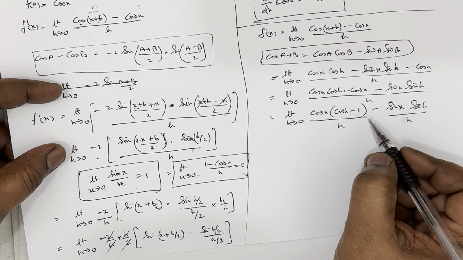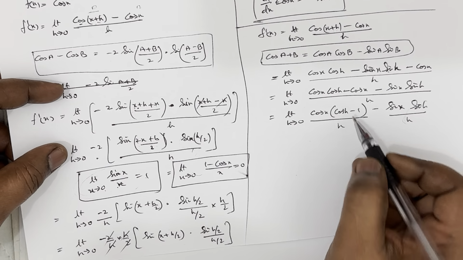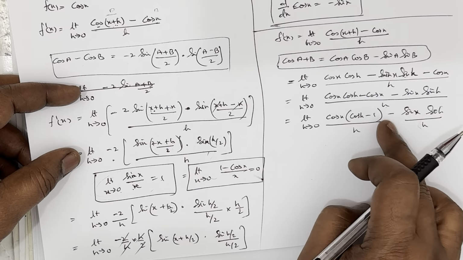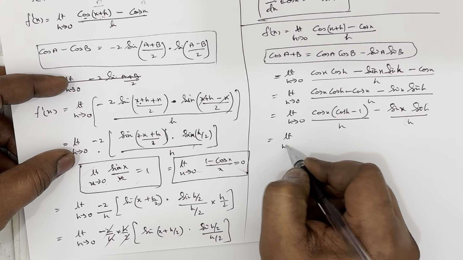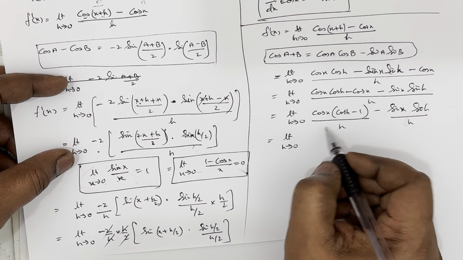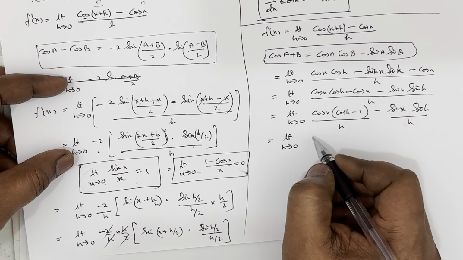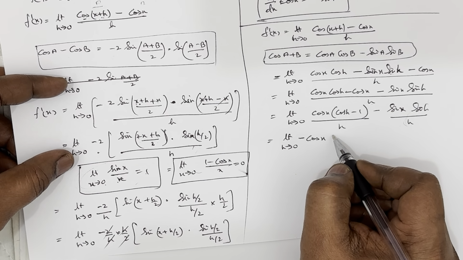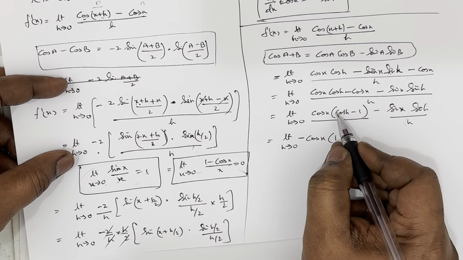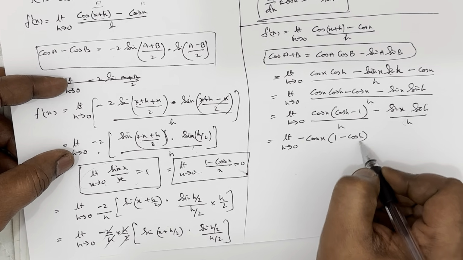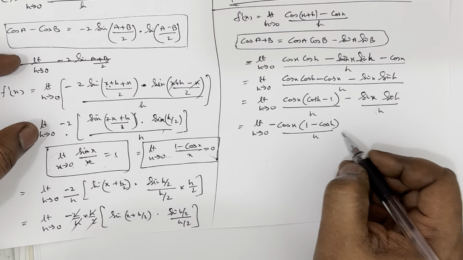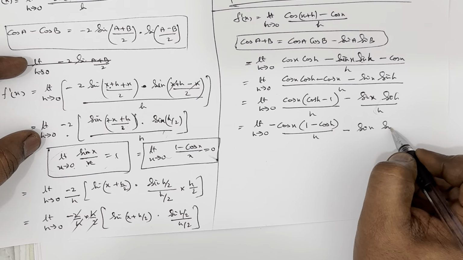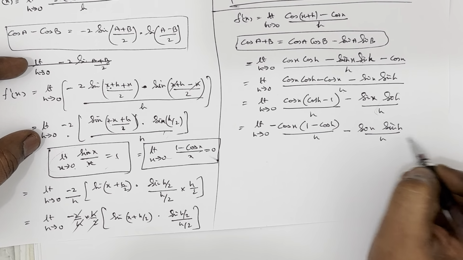So now we'll make this also resemble this. Here it is cos h minus 1, we'll make it 1 minus cos h. So it becomes limit h tends to 0, let's take negative common here, cos x, so it becomes positive 1 and negative cos h upon h, minus sin x and sin h upon h.